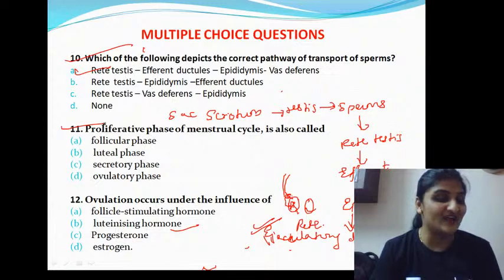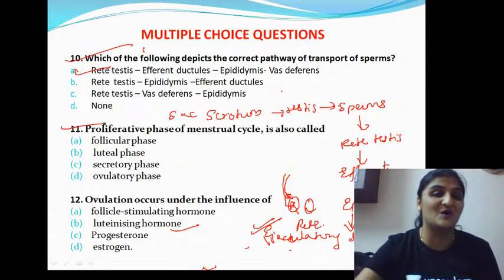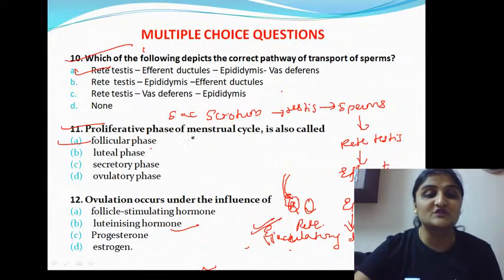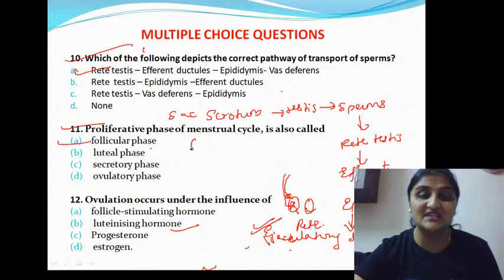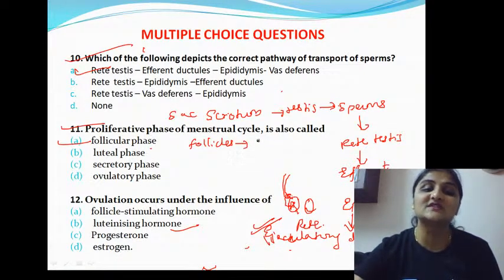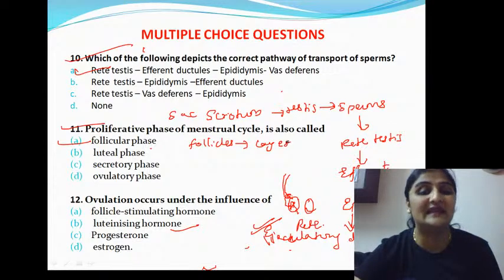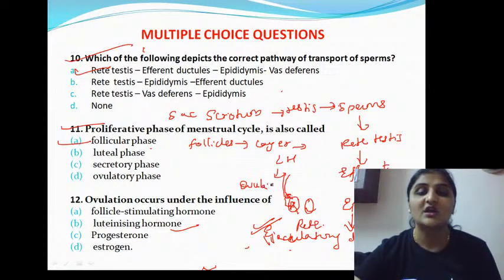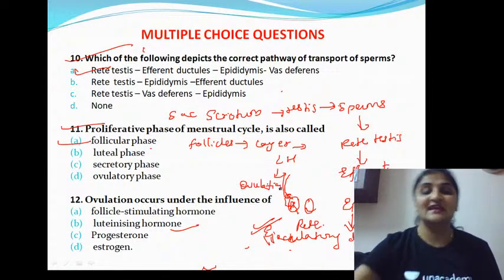Great, I am getting the right answers from all the students. It is the follicular phase, because after menstruation the very beginning stage is that the follicles start developing. Then follicles give rise to different layers around the mature egg, and these layers produce LH, luteinizing hormone, which boosts the last stage, ovulation.